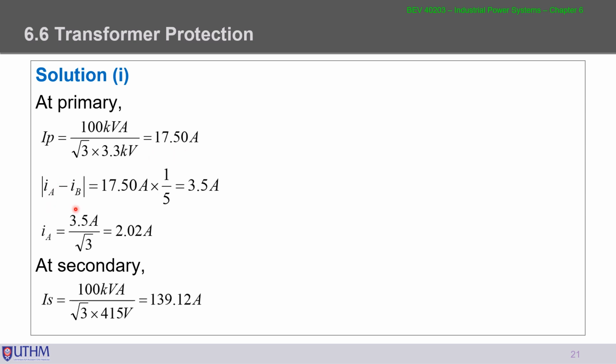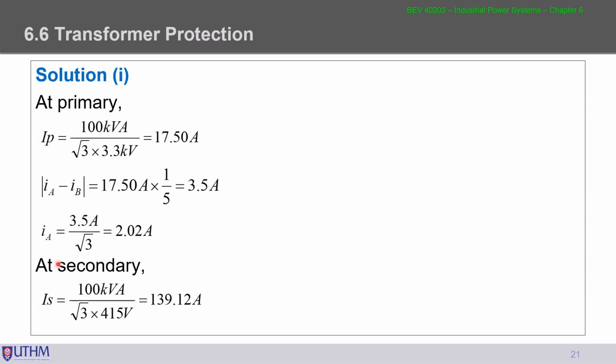And then we have to calculate the current at the CT at the primary side, which is equal to IP times the ratio of the CT, which is 1/5. We get the value 3.5 amp. This current is the value at the CT at the primary side.